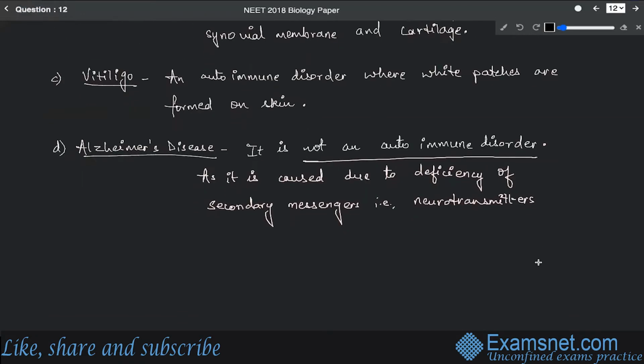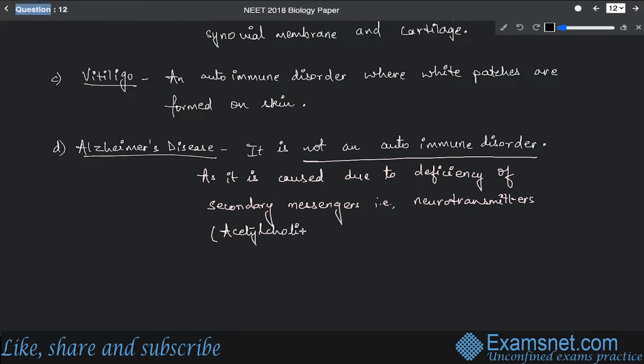And since these neurotransmitters are deficient and they play a very important role in cell signaling, the process of communication between the cells or the tissues or the organs gets inhibited, we can say. So it is due to deficiency of secondary messengers, that is neurotransmitters, and specifically it is acetylcholine.